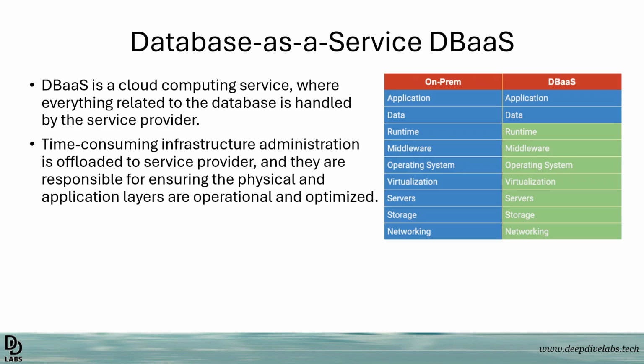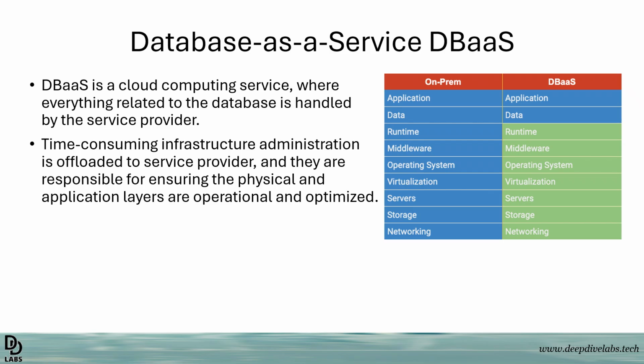So let's take a look at this diagram, right? In an on-prem database which you are managing on your own, you have to take care of multiple things: the networking, the storage, the servers, virtualization, the operating system, middleware, and runtime. All of this administration has to be taken care of in order to load it with data and build an application on top of it.